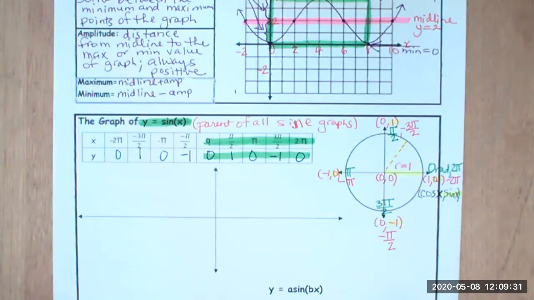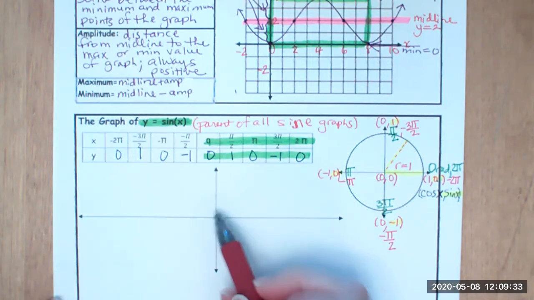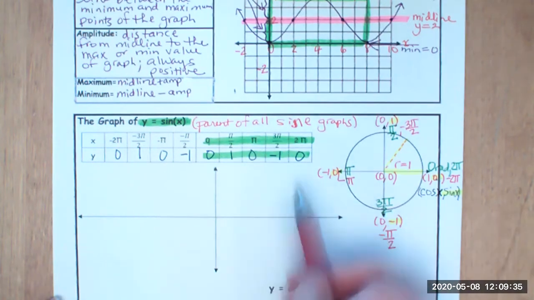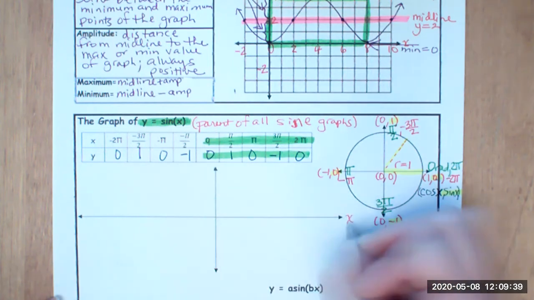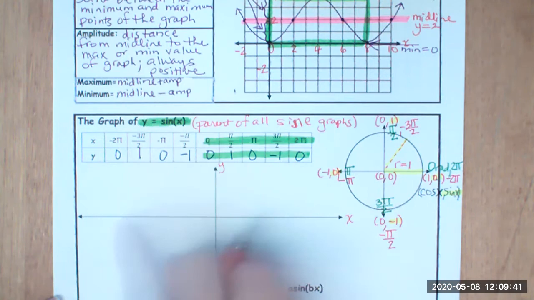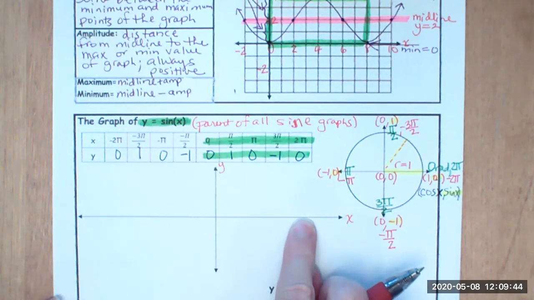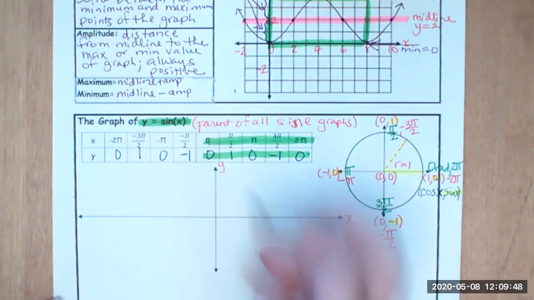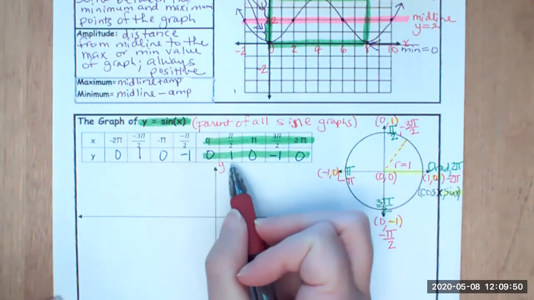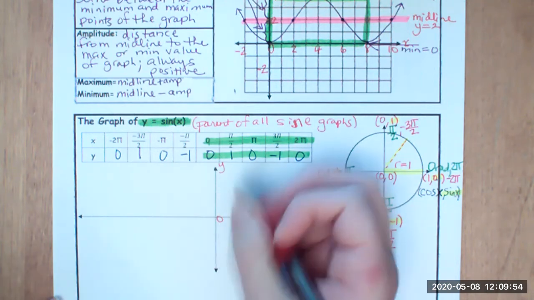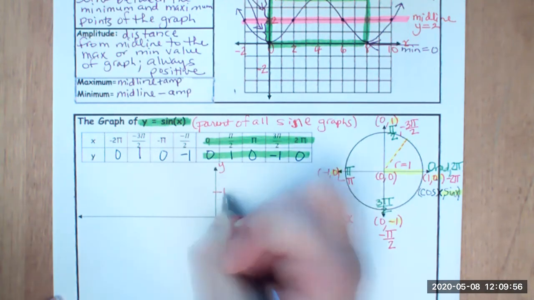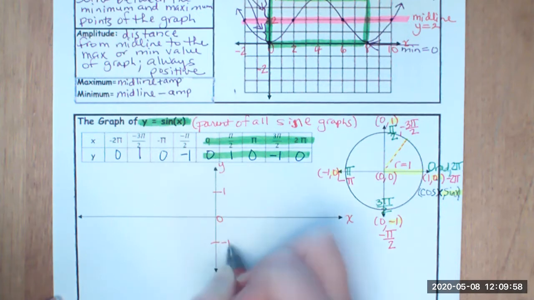All right, so let's make a sketch of what we've just drawn. And you'll notice here, I have a coordinate plane, here's the x-axis and here's the y-axis, but there's no graph paper, because what we're graphing here is very, very simple. As far as the y values, we just have 0, 1, and negative 1, and that's it.